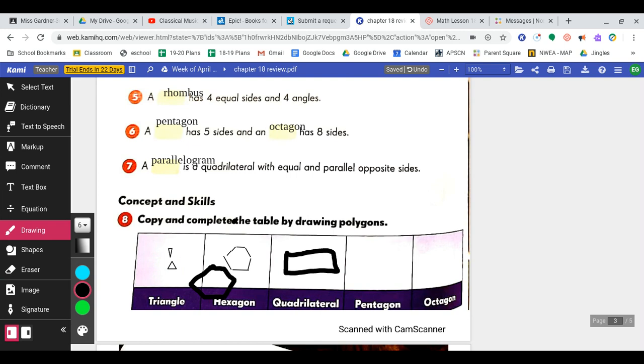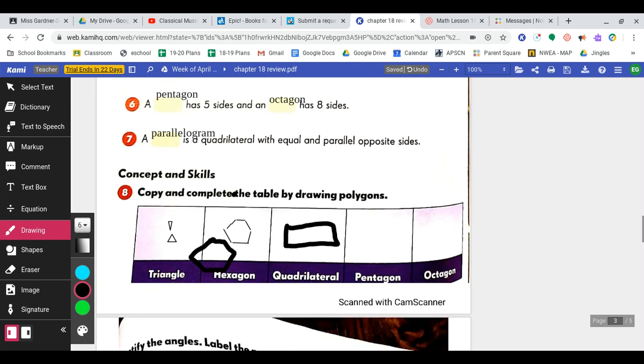Okay, any type of quadrilateral would do. A pentagon generally has the point at the top, or the vertex at the top, and then those 4 sides. Sorry, that one's crooked. And then finally an octagon. Think of a stop sign for that one. Okay, so it's something like that.